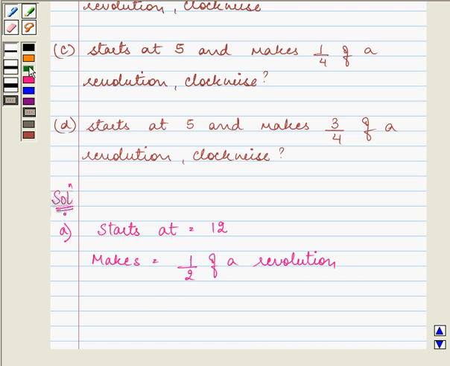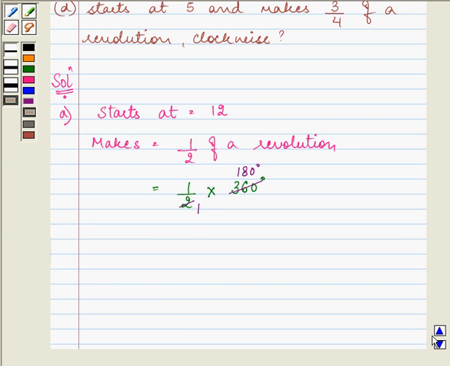Now, we know that one revolution consists of 360 degrees. So, if we convert it to the lowest term, it makes an angle of 180 degrees.